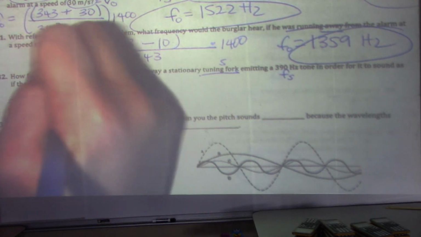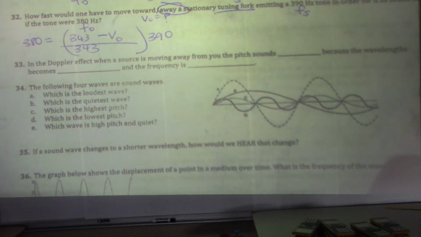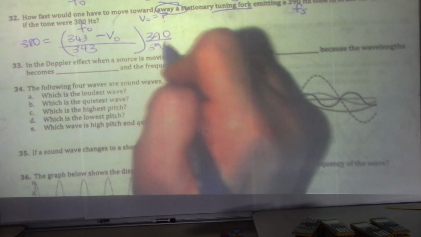Now we're going to plug in 380 equals 343, and I'm looking for V_o, which goes on top, and then the 390. Let's think about it. If it is 390 and it sounds like 380, it sounds lower, which means you're going away. So for away, on top, is a minus sign. Now we're just rearranging to get V_o, so divide the 390 over.